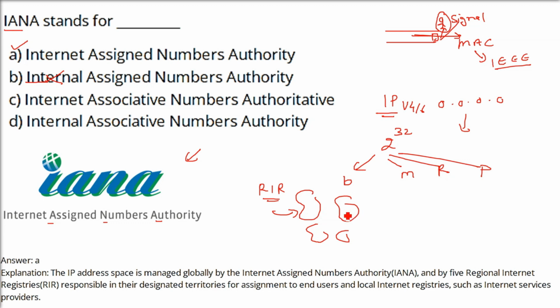But it all starts with IANA. So the IP address is managed globally by IANA and by 5 regional internet registries responsible for their designated territories for assignment to end users, and local internet registries like the ISPs.